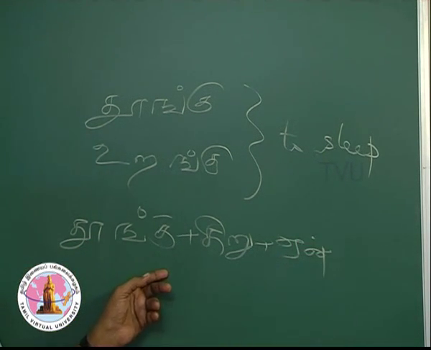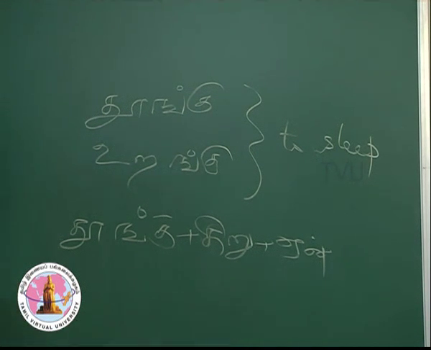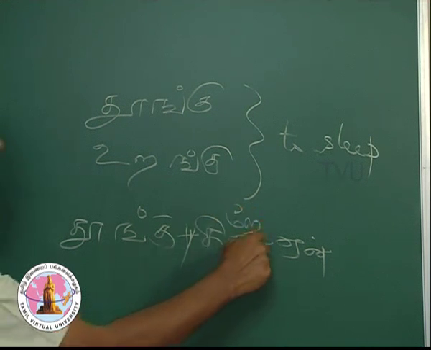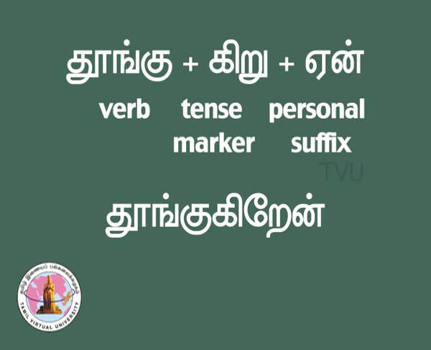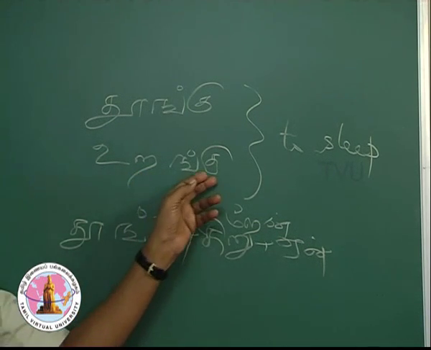Tungu plus kiru plus yen. It is just tungugireen, no change. So also urangugireen.